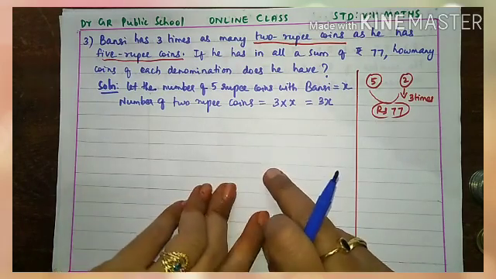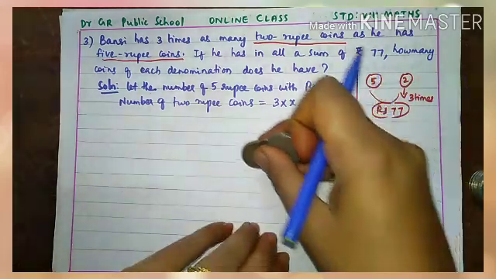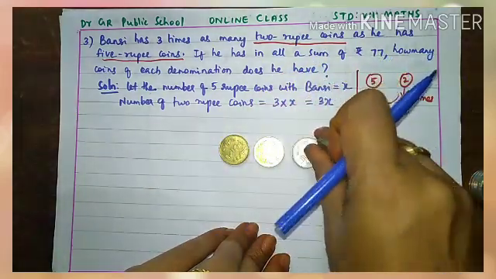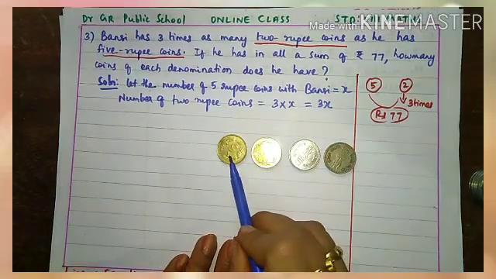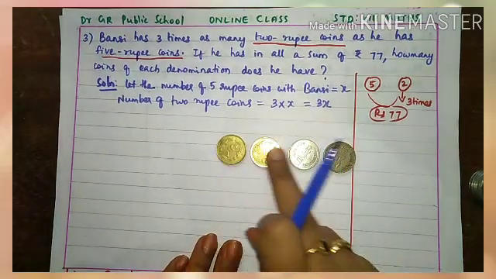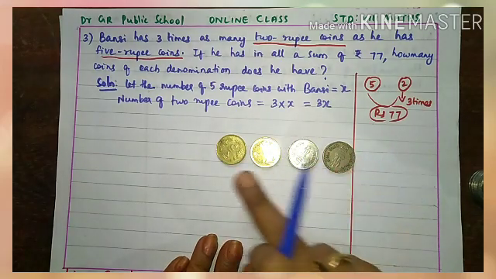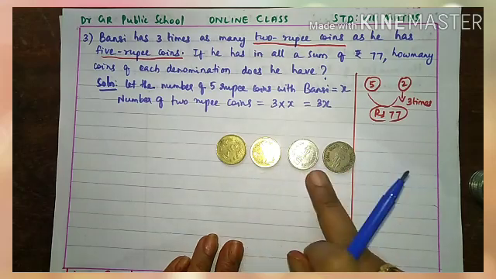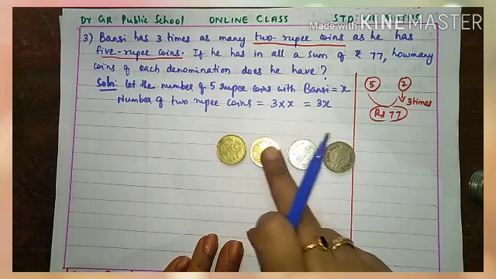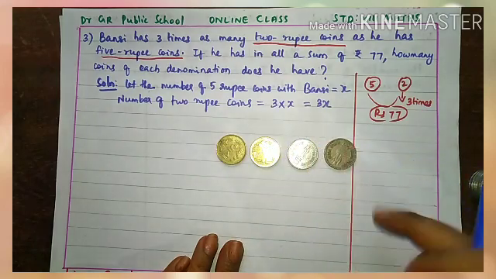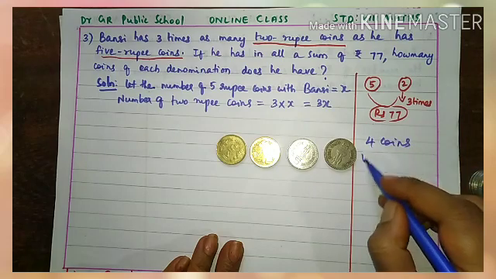For this I will show you one example. Here you see in my hand there are 4 five rupee coins, 1, 2, 3, 4. So the number of coins is 4. Can you say the value here? How will you find the value?